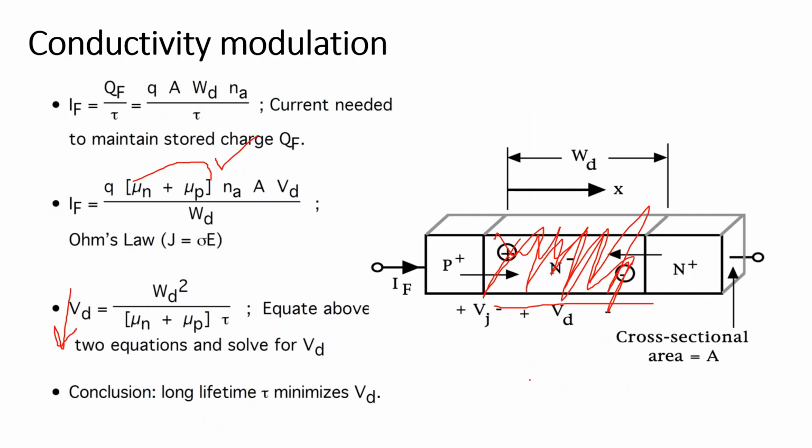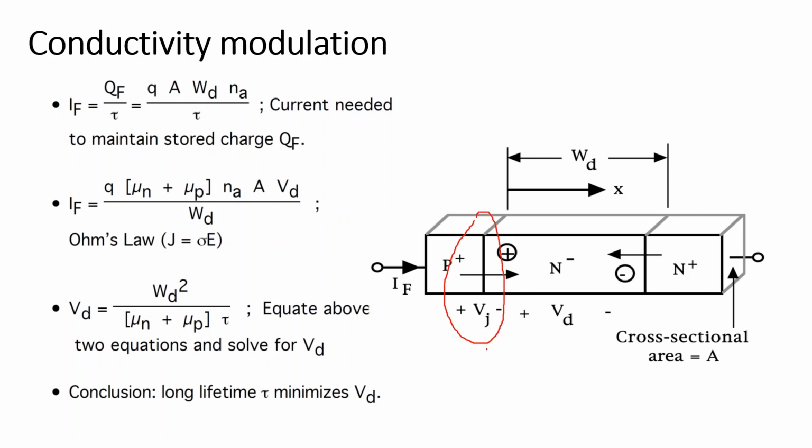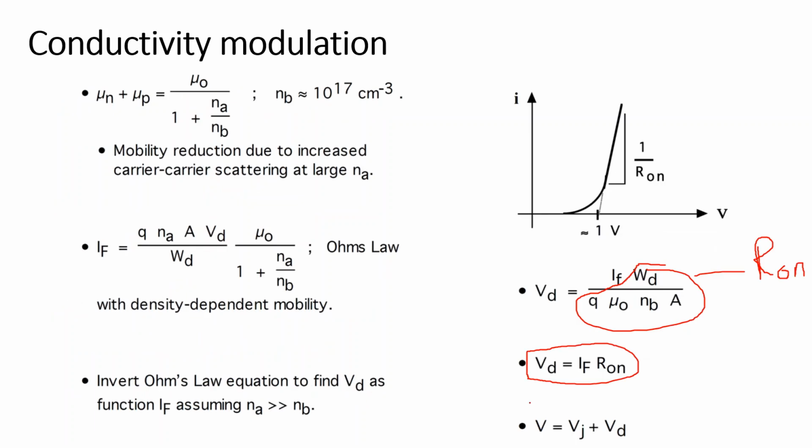Now if you look at the total voltage across the diode, there is one voltage across the depletion layer, which is Vj, and then there is one voltage drop across the drift region, which is Vd. So the net voltage across the diode will be Vj plus Vd.